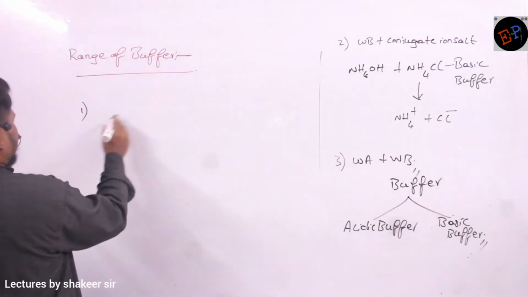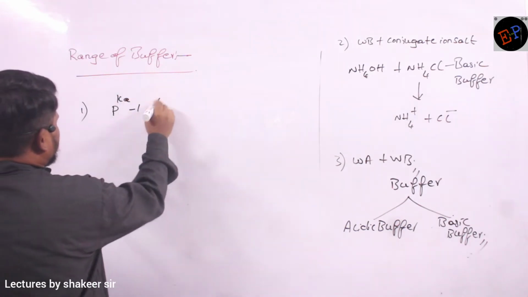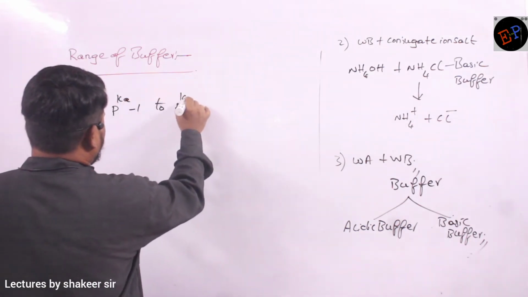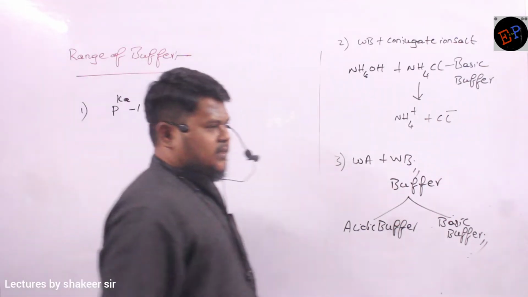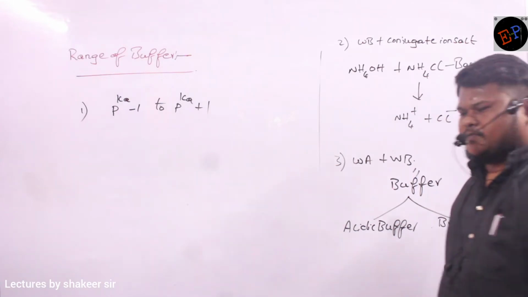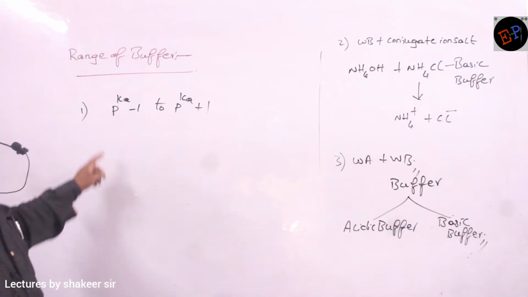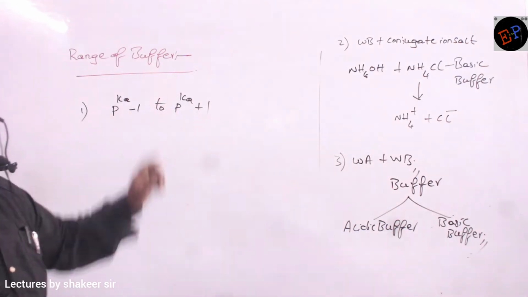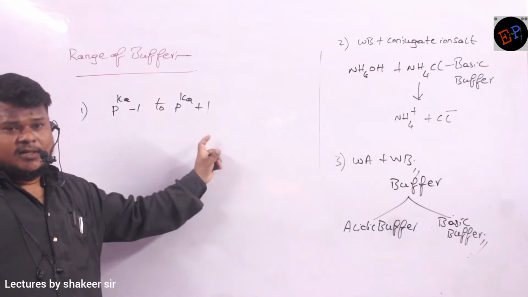So the first range is pKa minus 1 to pKa plus 1. This is one range. Are you able to understand? So pKa minus 1 to pKa plus 1. Or for a base, you can call it pKb minus 1 to pKb plus 1. Up to this range, the buffer behaves like a buffer.